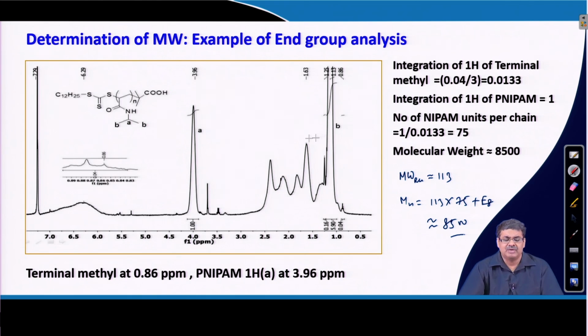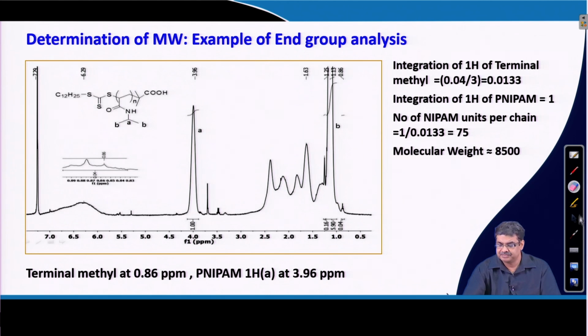So, basically what we need is the exclusive group. Now we can quantify the number of repeating units if we know the ratio of N group to the repeating unit. Hence, we can find out the molecular weight, because we know the molecular weight of the repeating unit of the polymer.